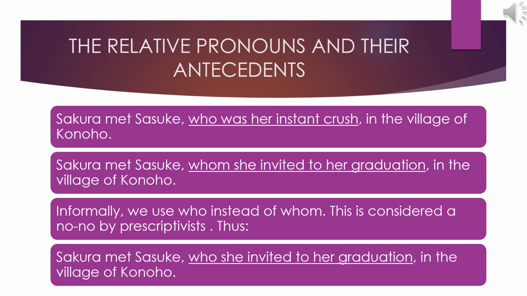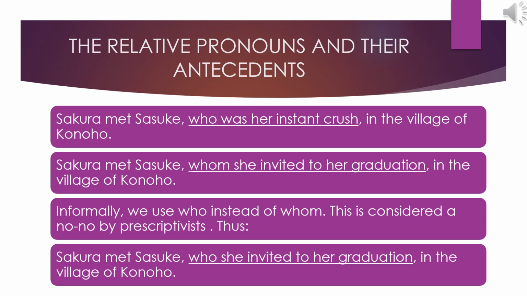If Sasuke is acting as the direct object, which it is, right? She invited whom? Sasuke. Then the word whom should also have the same role as Sasuke. So that's why we say that whom is an object relative pronoun. It's actually the direct object of the clause.